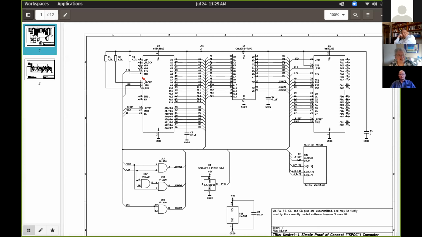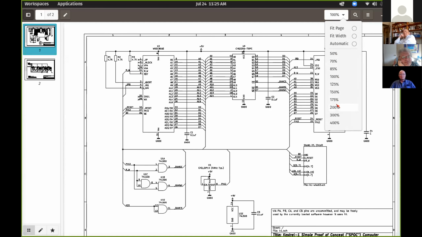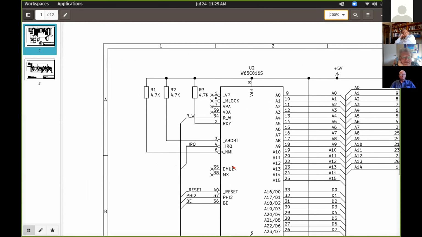There is an additional feature which not many people make use of, and that is that pin right there, the abort pin. That is a third type of interrupt on the 65816.